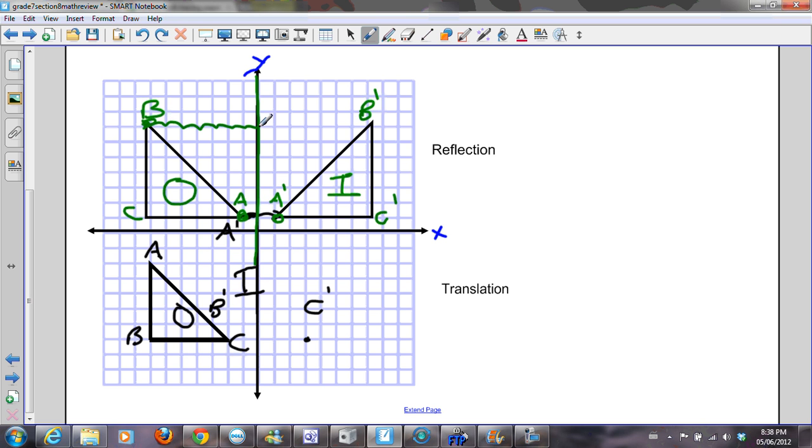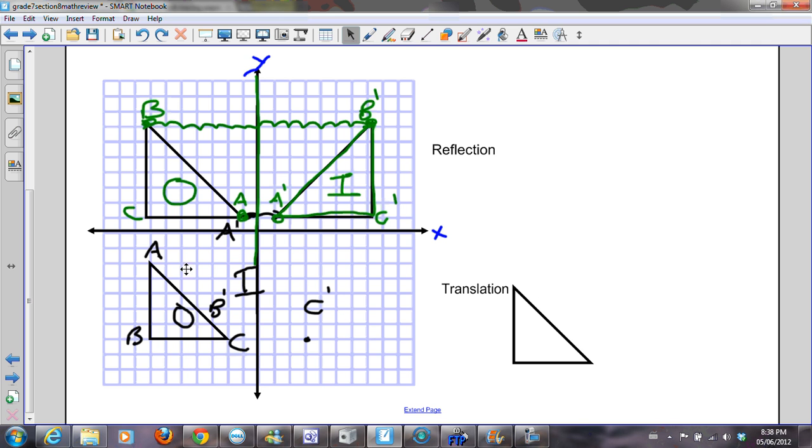So I'm going to do opposite. I'm going to do 1, 2, 3, 4, 5, 6, 7 blocks away to the right. When you do that for each point, you can then connect them using your ruler, and you can draw your image. So it's pretty easy to draw any mirror line or any reflection, as long as you remember that.